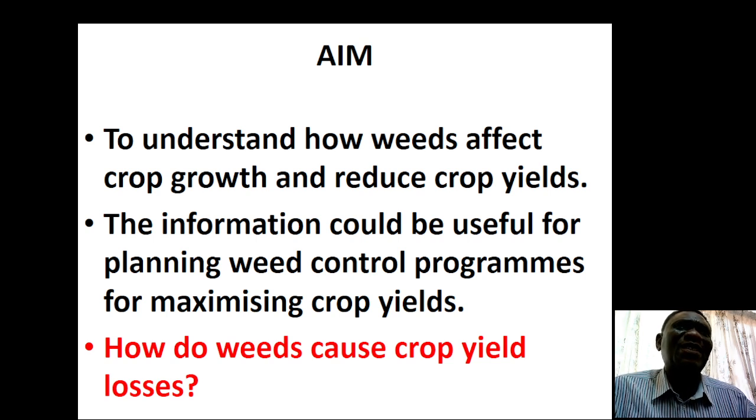This information could be useful for planning weed control programs in order to maximize crop yields. So the question we are addressing is, how do weeds cause crop yield losses?